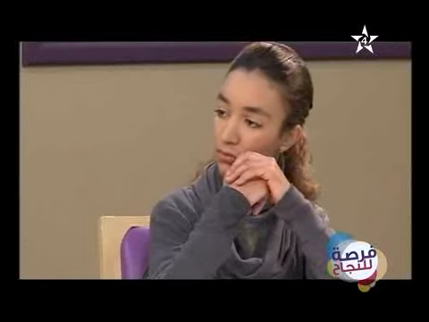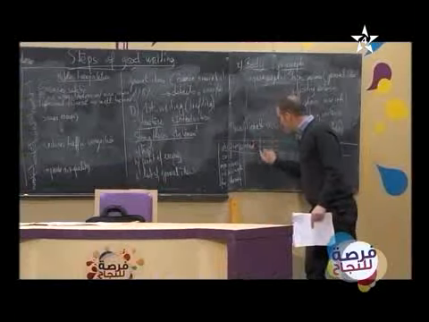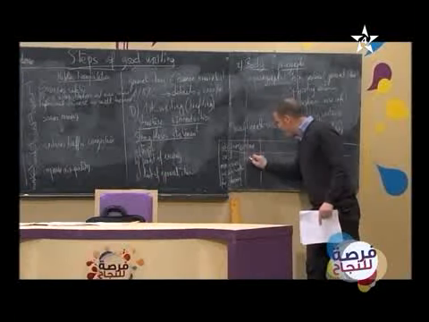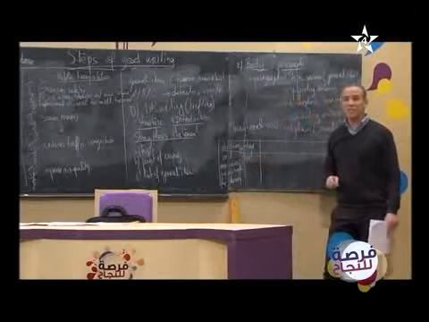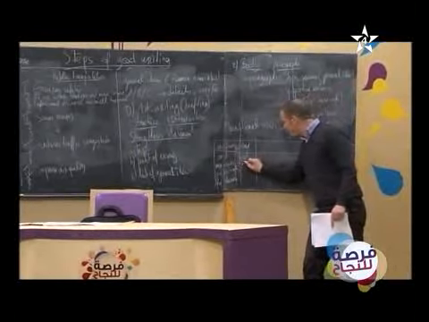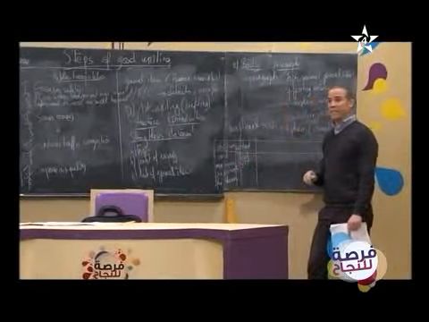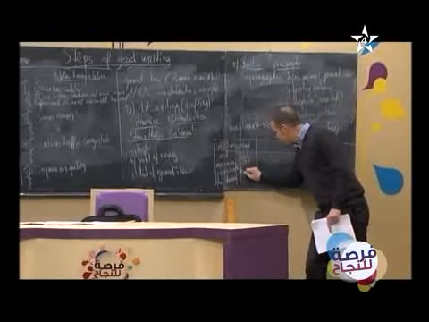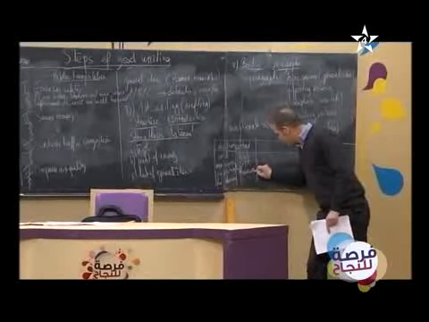Now, what are the other types of connectors? When I write a paragraph, I can use contrast. The simple word I can use is "but". What else? I can use "yet". I can use "however".